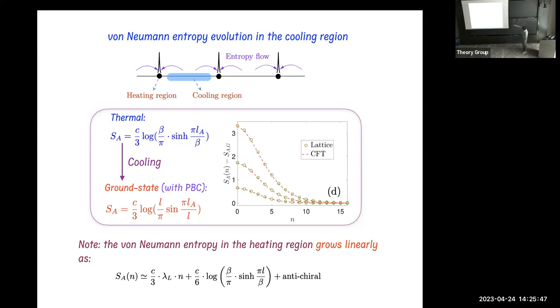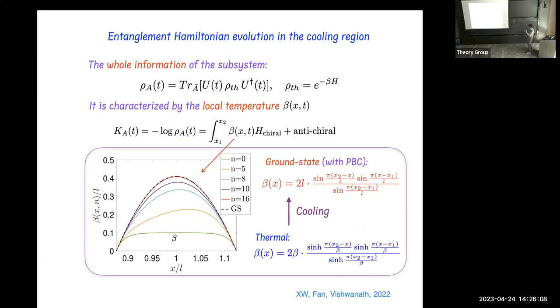If you study the von Neumann entropy in this heating region, it will grow linearly in time. Okay, till now I simply showed you some concrete quantities, the energy and the entropy. To convince ourselves more completely, we study the reduced density matrix.